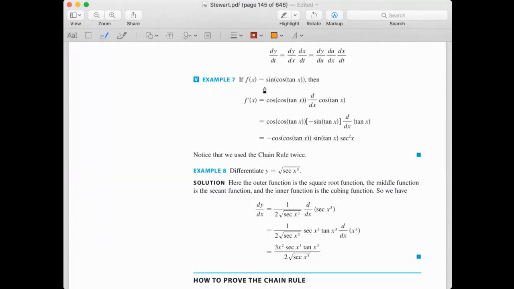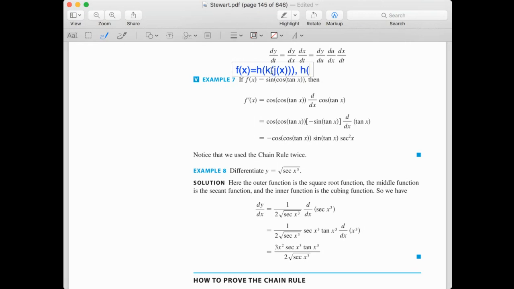Let's see this one. This one we have 3 layers. Let's try to write f of x equals h of k of, let's say, j of x. 3 layers, okay?